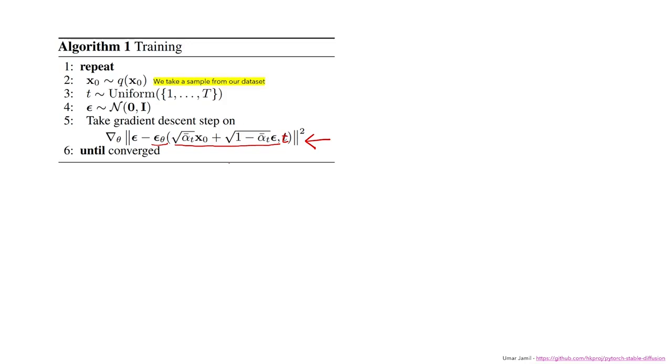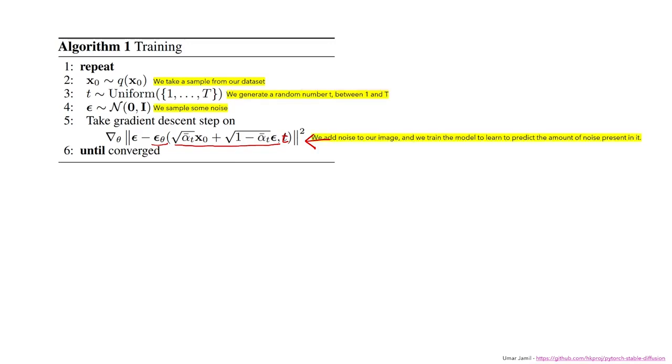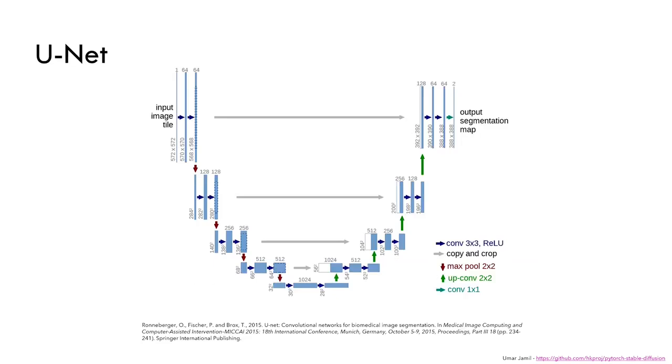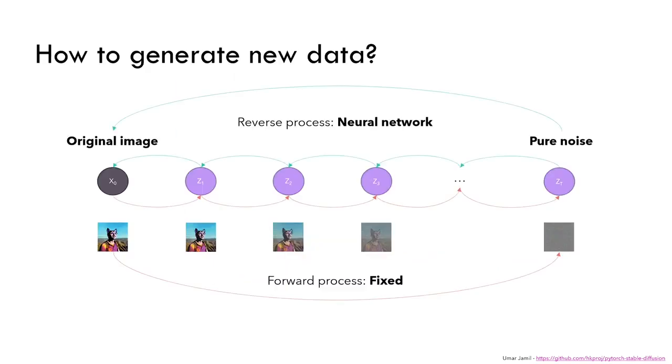Let me show you how, once we have this network that has already been trained, we actually sample to generate new data. So let's go here. How do we generate new data? Suppose we already have a network that was trained for detecting how much noise is in there. And what we do is we start from complete noise, and then we ask the network to detect how much noise is in there.